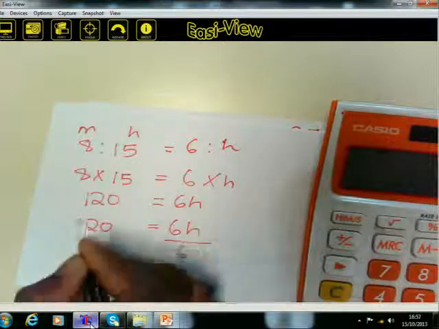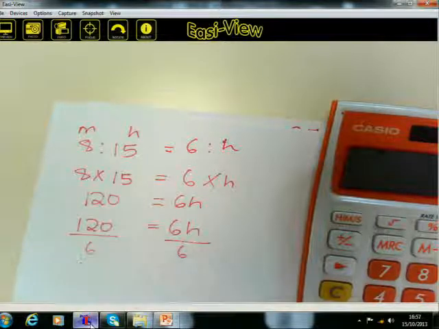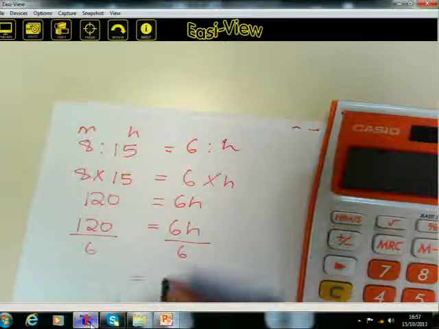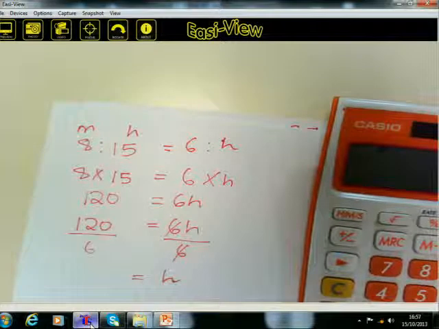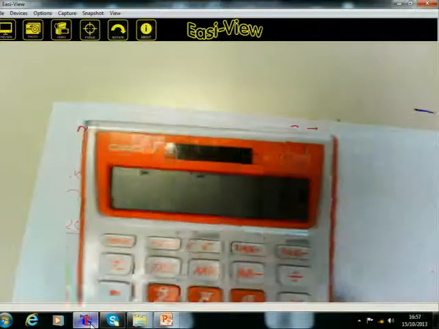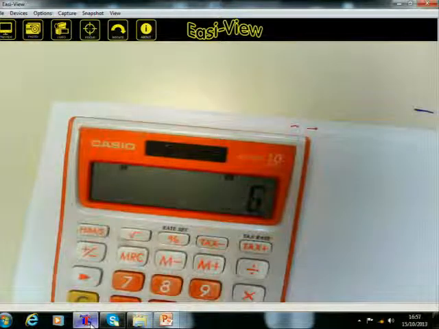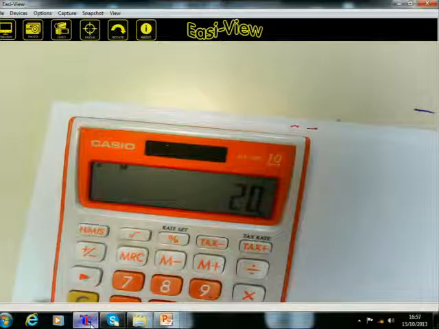Let's divide by 6 on this side and divide by 6 on that side. On one side we'll have h because the 6s cancel, and on the other side we're going to say 120 divided by 6 is going to give us 20.